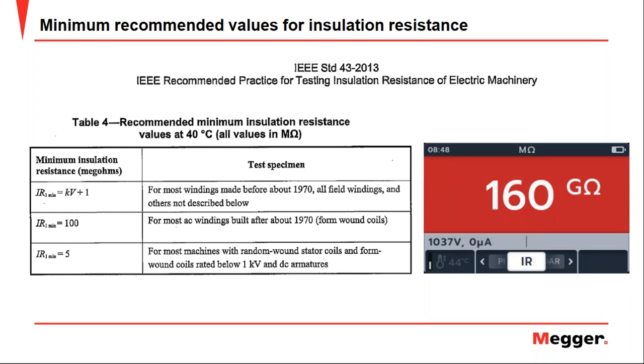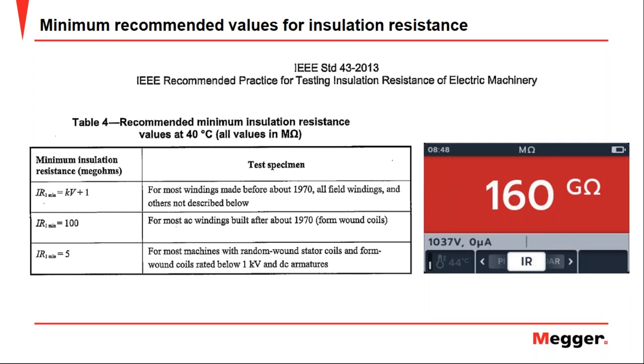If the motor or the winding is built after 1970, the minimal insulation resistance value is 100. For the machines with random wound or rated below 1 kV, the minimal insulation resistance value is 5.